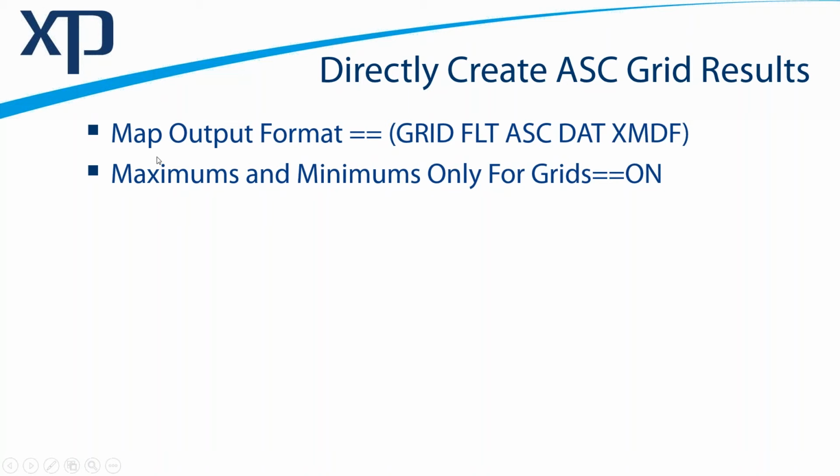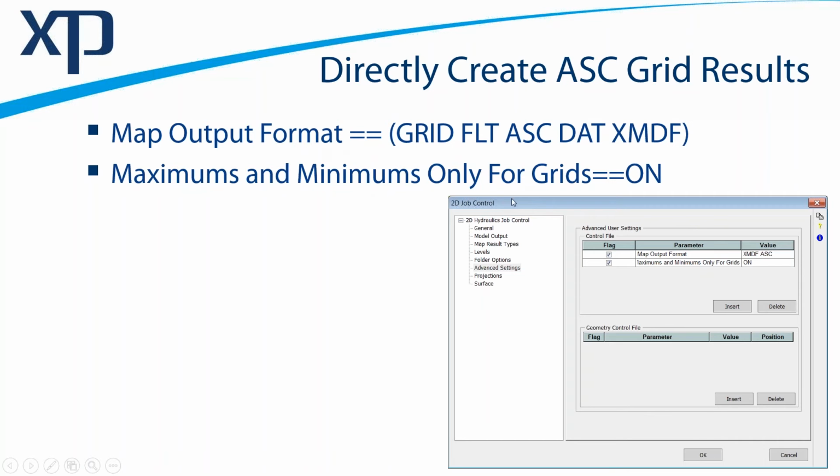Another command that could be entered into the 2D advanced settings is that you want to use the grids just to capture the maximums and the minimums only. So that 2D flow command, if you will, the command that goes to the engine, is maximums and minimums only for grids equals on. What does it look like when you put it into the software?